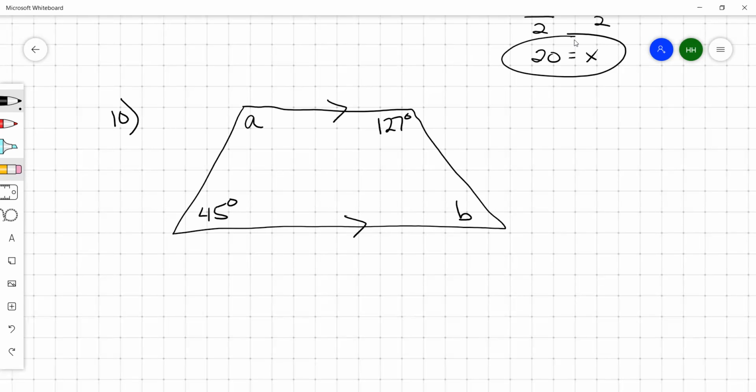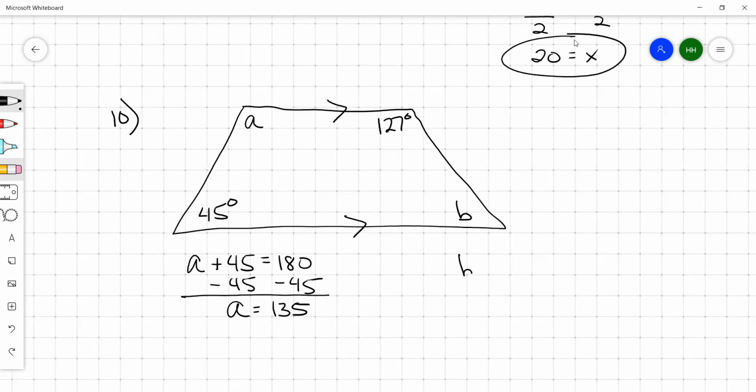In a trapezoid, these base angles that are on the same side, they're supplementary. So A plus 45 equals 180. So you can subtract 45. And A is going to equal 135.